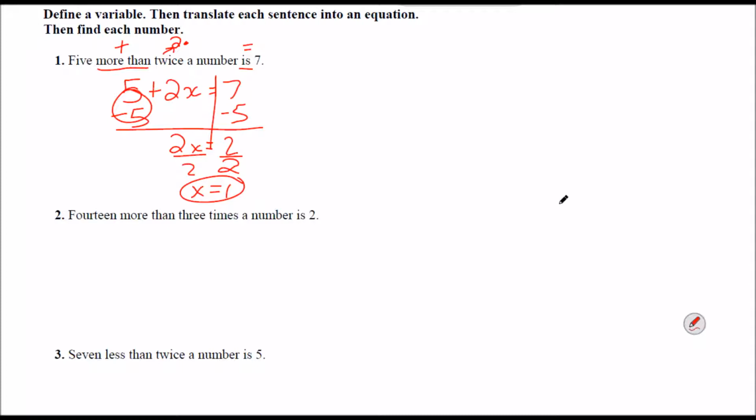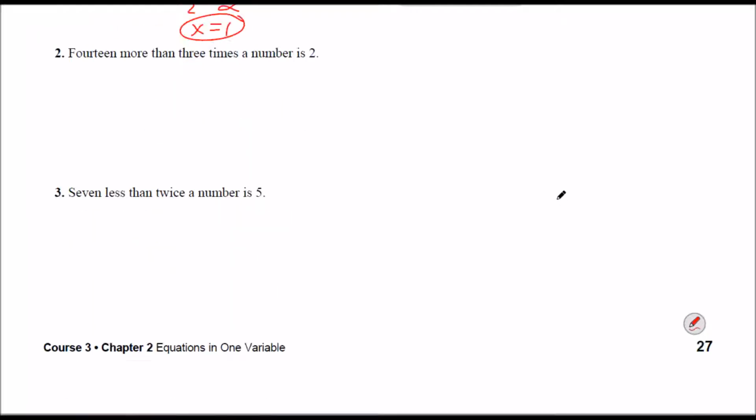After we have the equation written out, it's exactly what we were doing in 2.2 with solving the equations. Number 2, we have 14 more than 3 times, so times means multiply, a number is 2. So we've got 14 plus 3 times n for a number equals 2.